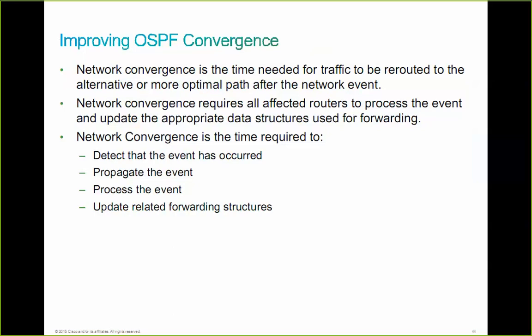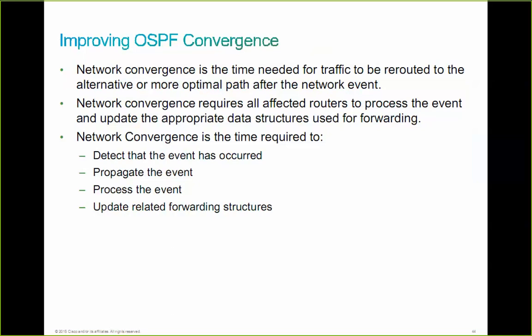Traffic isn't rerouted until the data plane data structures, like our forwarding information base, adjacency tables and such, have been adjusted to reflect the new state of the network. So in order for all of this to happen, all network devices have to go through 4 different steps. And this is the overall convergence process that we talk about.